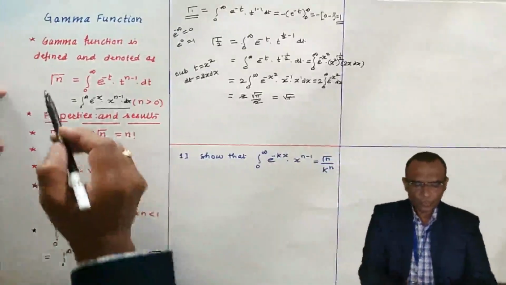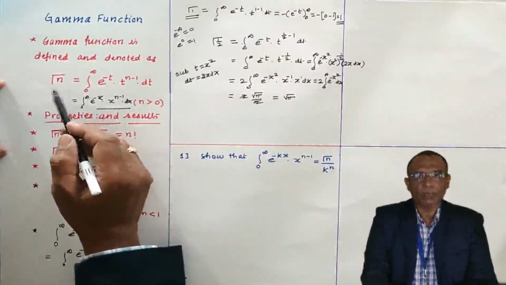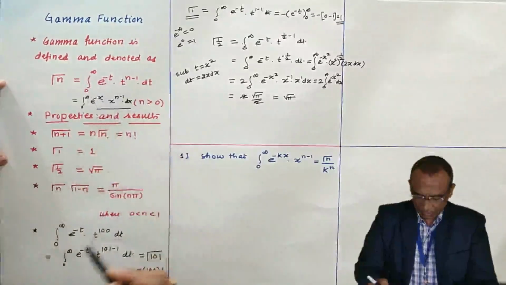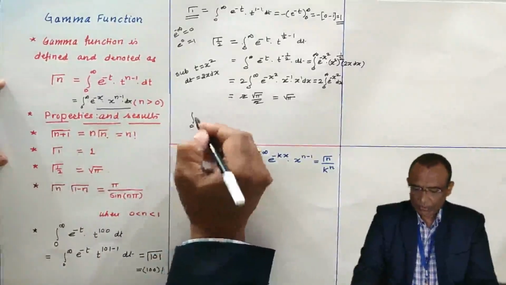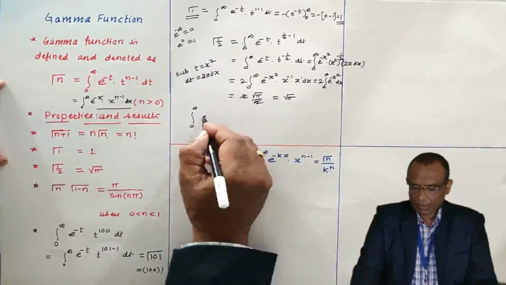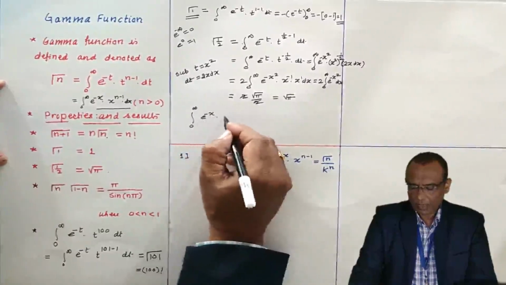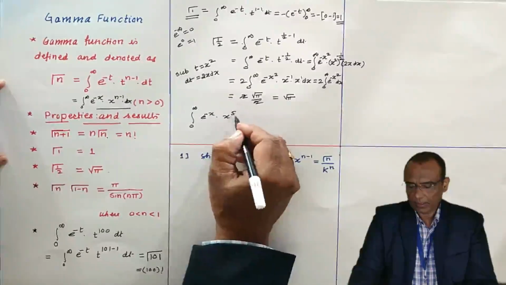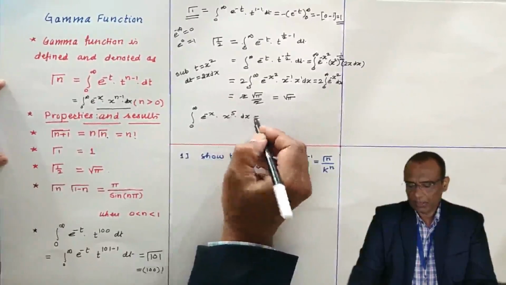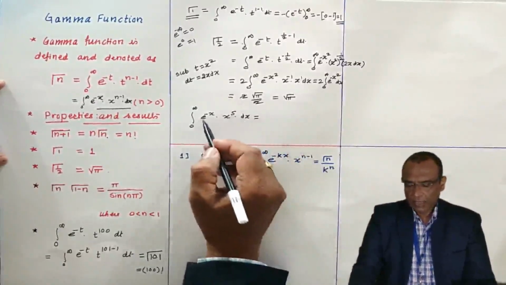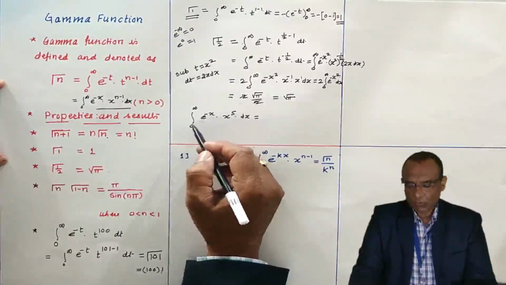In this way, you can find the value of gamma 3, gamma 4, gamma 5, gamma 6. Now, one more integral I am going to evaluate: the integral of e power minus x, x power 5. This e power minus x is the kernel of the gamma function.